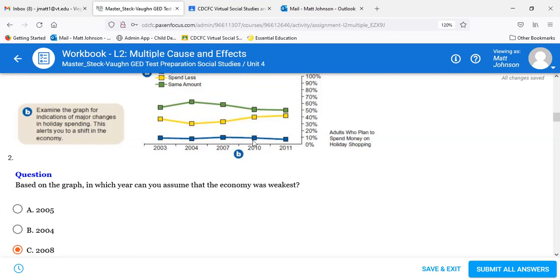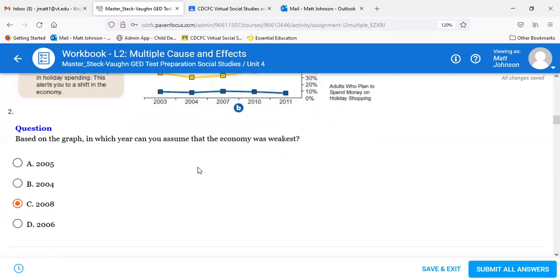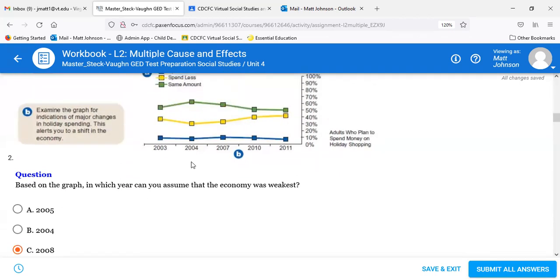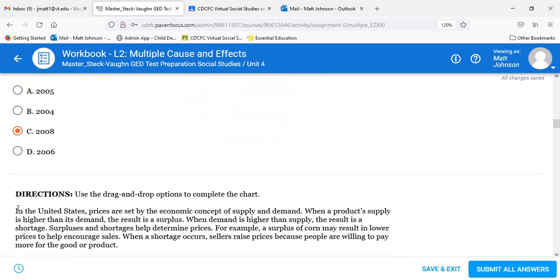And you can also see in blue a little bit of a downturn. And of course, 2008 was when we really got slammed with that Great Recession. And again, talking about the issues with the real estate market and everything that really drove that. So C for number 2, right? Really seeing those two lines. That's what you're looking for, is those shifts between those two.